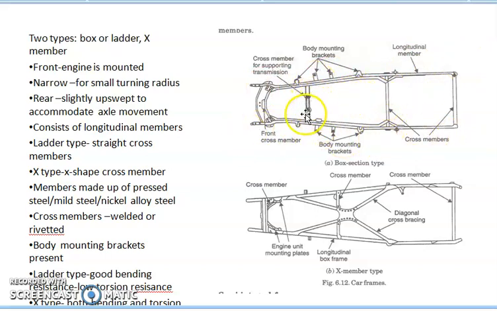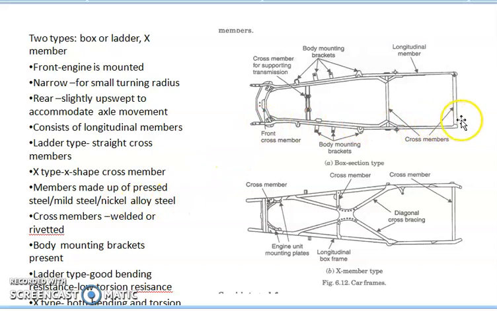On these cross members you have the mountings and bushes. This particular one is for supporting the transmission. Here you can see mountings for the engine and at the rear you can see mountings for suspension. All these cross members are made up of pressed steel. They may be either mild steel or nickel alloy steel.